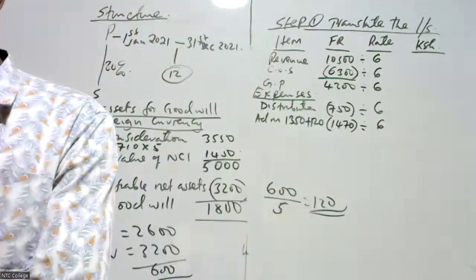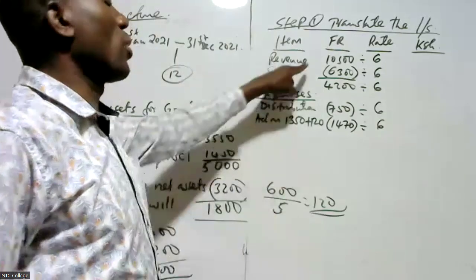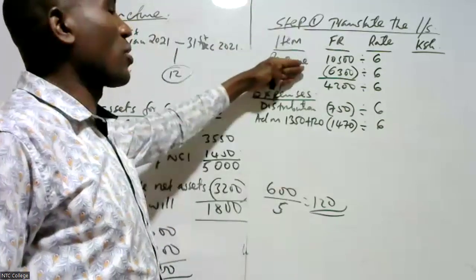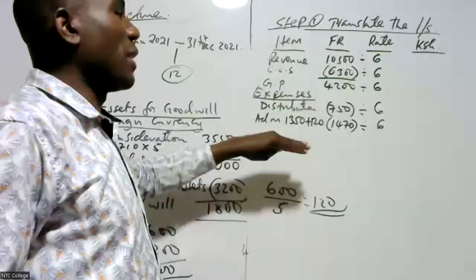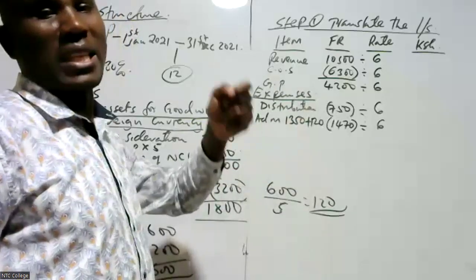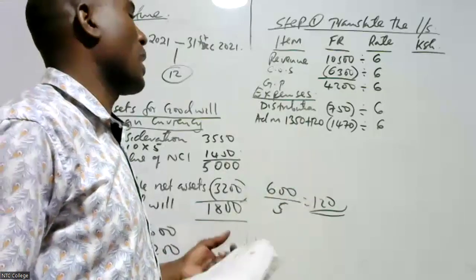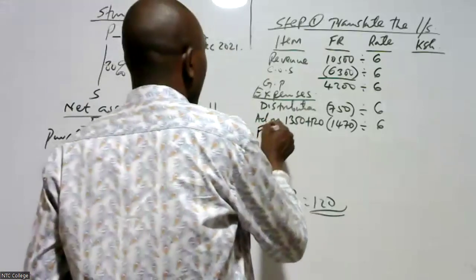If there was depreciation, you add it to the cost of sales. If there were amortization, you add it to admin, unless otherwise the examiner has stated that it is cost of sales or admin.